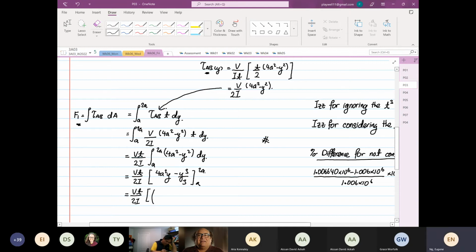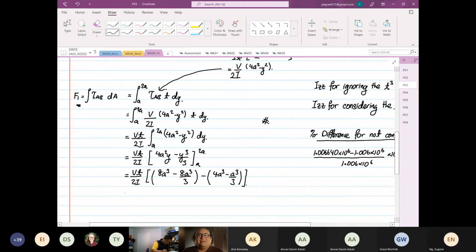So we will have 8a cubed minus 8a cubed over 3, minus 4a cubed, minus a cubed over 3. Okay, I hope I got this right. If not, it'll be embarrassing.